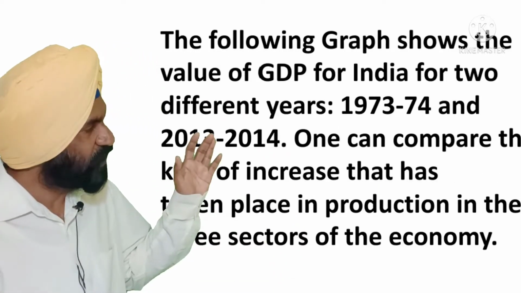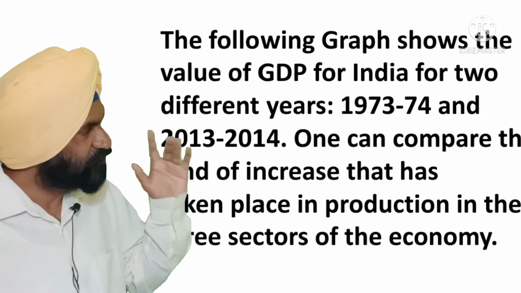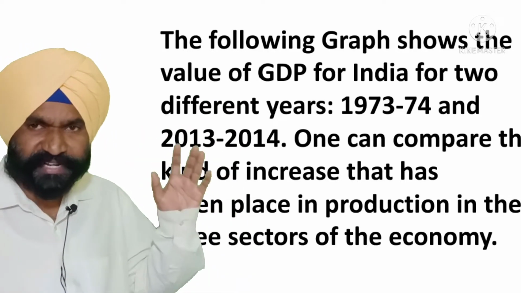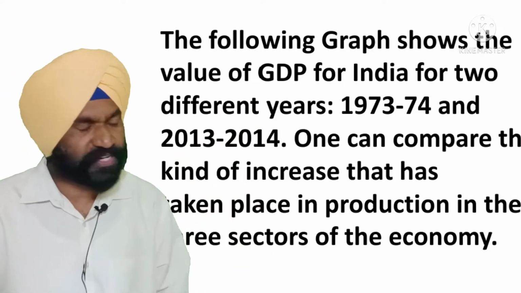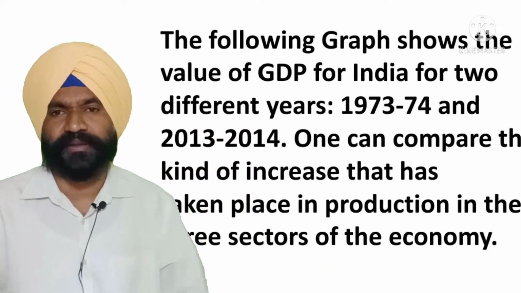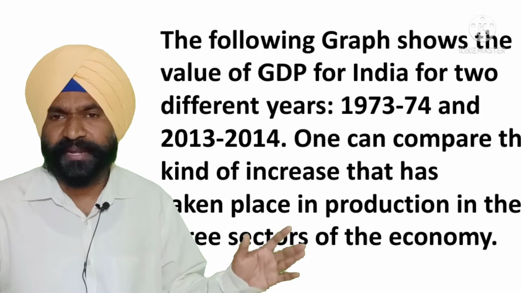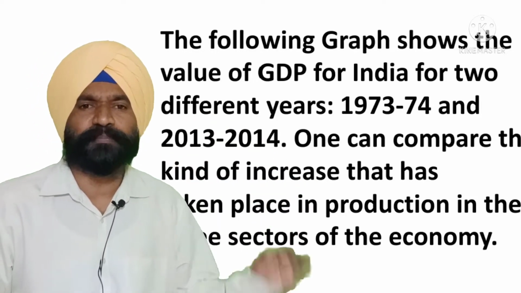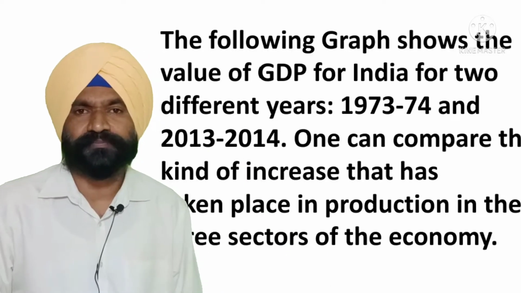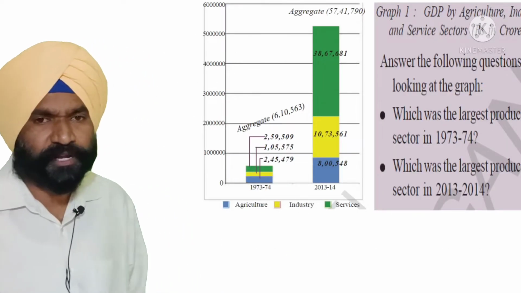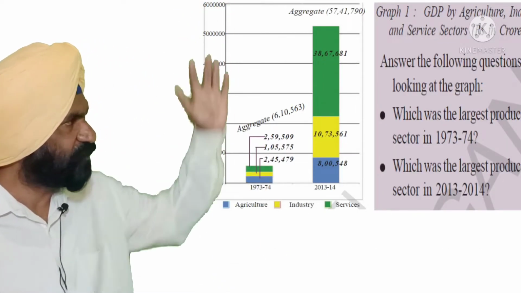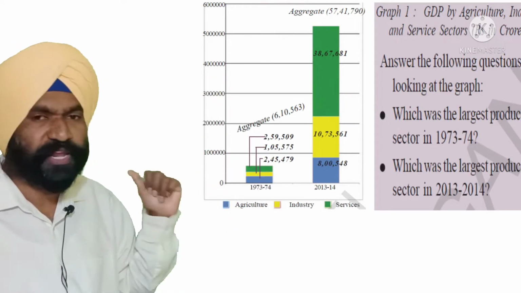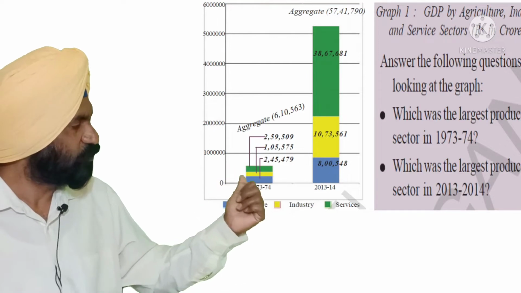Now the following graph shows the value of GDP for India for two different years. One is 1973-74 and one is 2013-14. Now one can compare the kind of increase that has taken place in the production of these three sectors. Now how has it taken place? Now you see here the graph which is shown here. One graph in this is showing 1973-74.